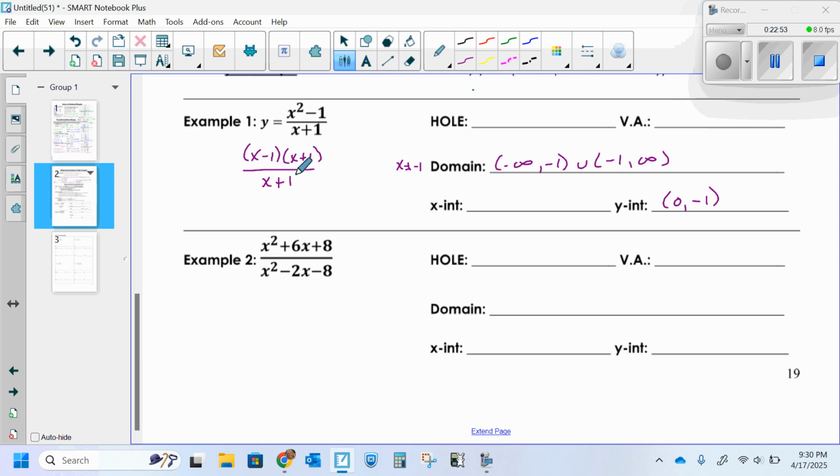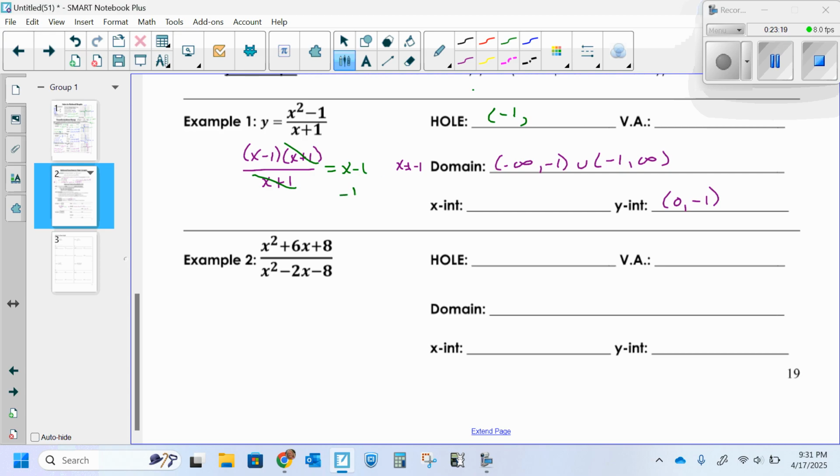All right, so we have a canceled factor. X plus 1 cancels, and we're left with x minus 1. So I want to know, this is all about what is happening when x is a -1. That's the whole point of this part of the notes. What is happening at a -1? Well, if I cancel this, the x coordinate of that hole is going to be a -1.